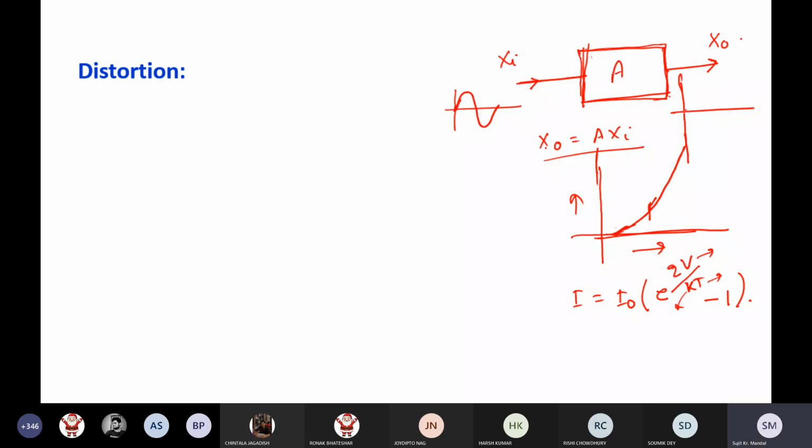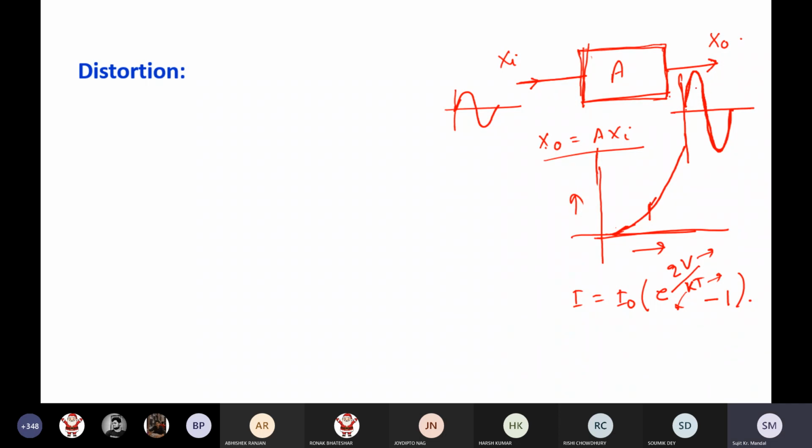That means it should replicate the same waveform, just with its amplitude magnified. Are you getting it? Yes, sir.